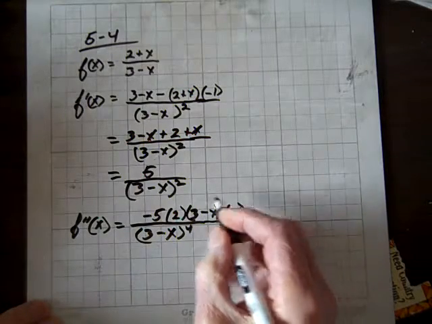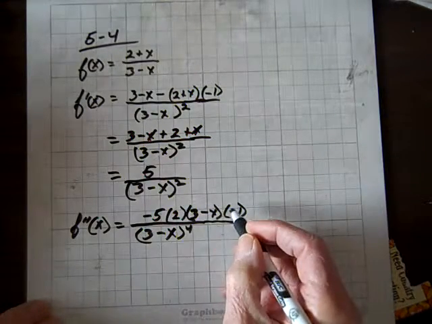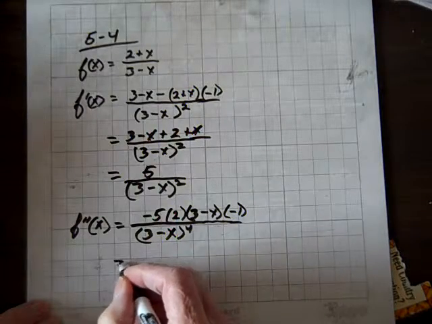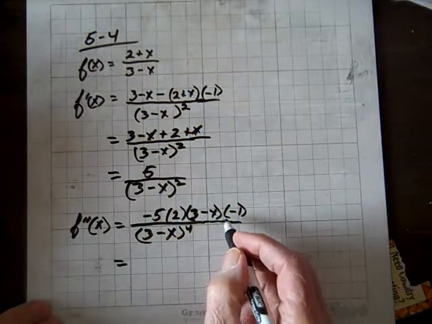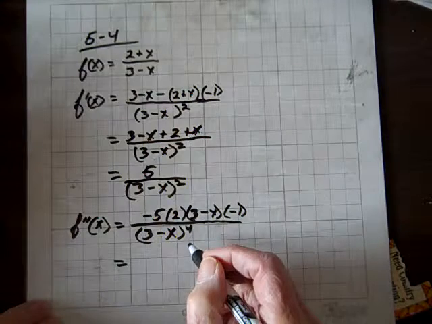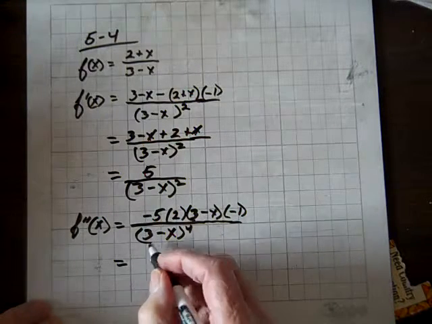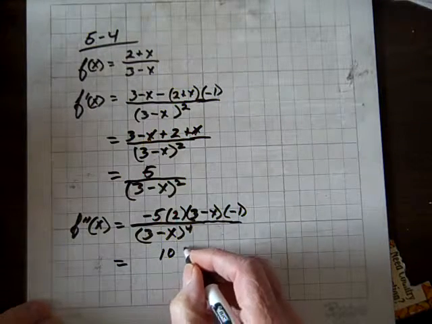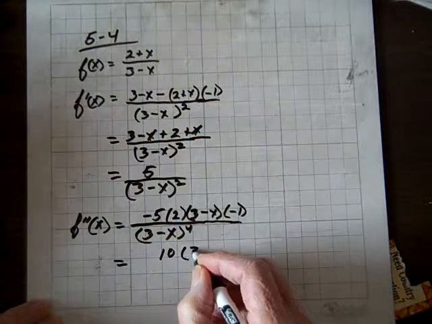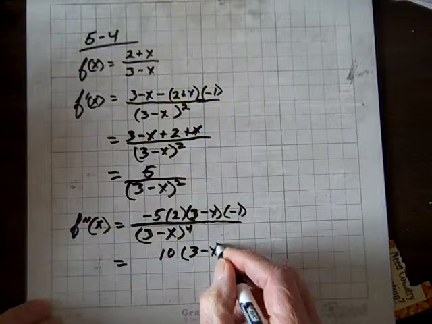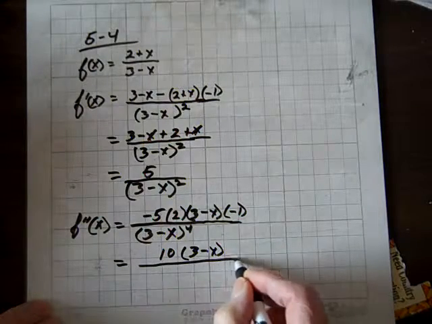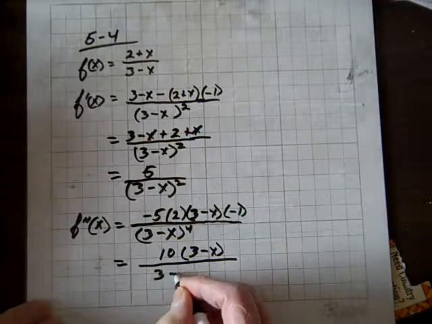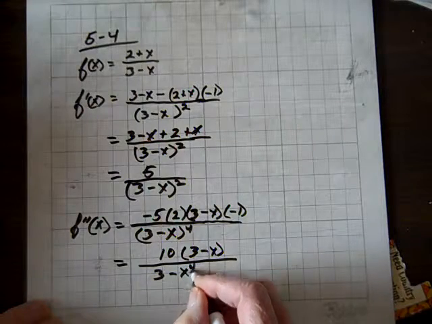And so now we have a negative times a negative, and that's a positive. And 5 times 2 is 10, isn't it? So we get a 10 times 3 minus x over 3 minus x to the 4th.